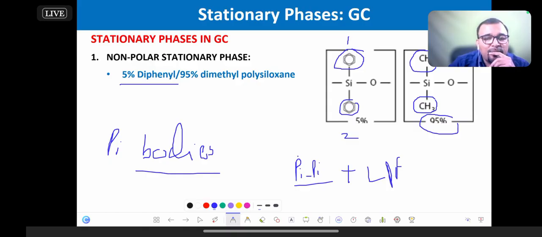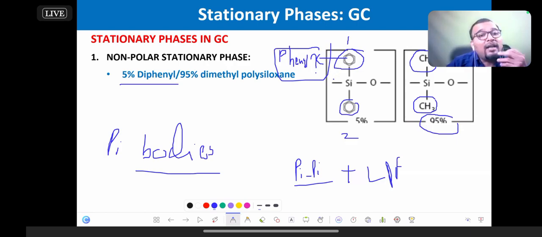Right, London dispersion force. See again, what is the nature of the phenyl ring? Is it basic or acidic? Phenyl is basic in nature, right? So what kind of compound can interact with this basic phenyl ring? Acidic compound, yes or no?